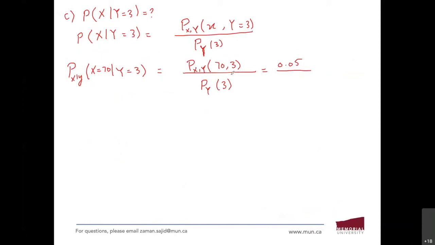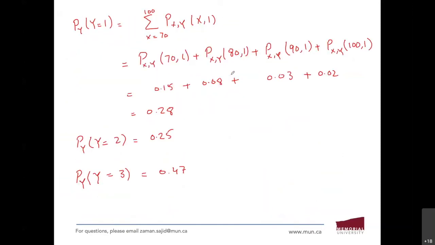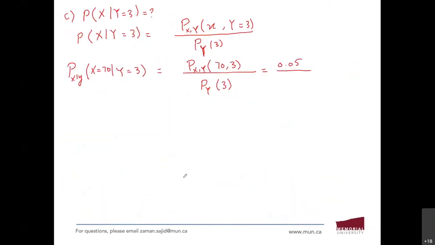I will take you back to the slide here. This is 0.47. And you get your value as 0.11.